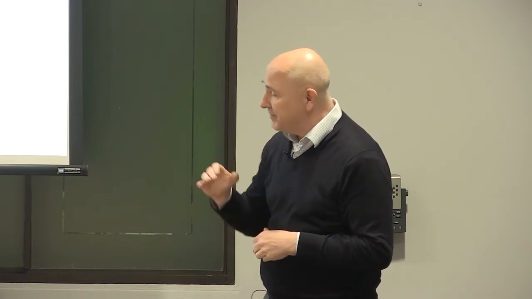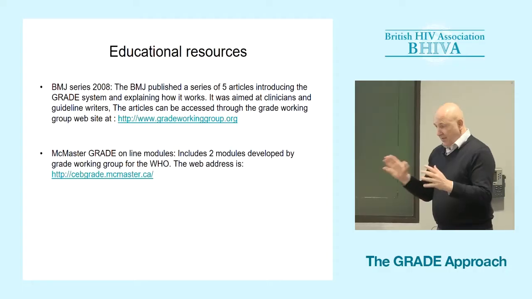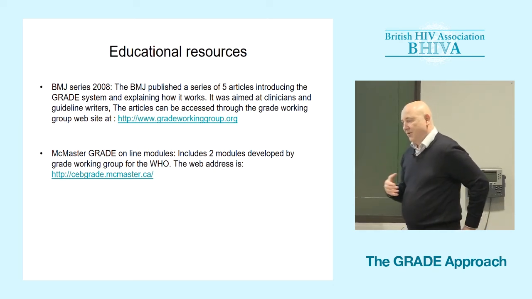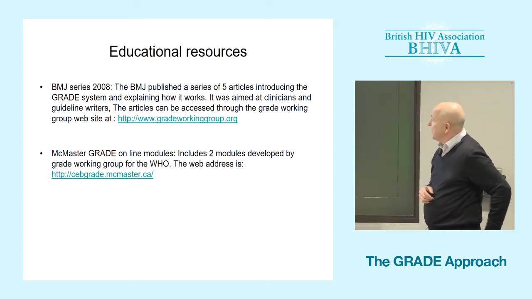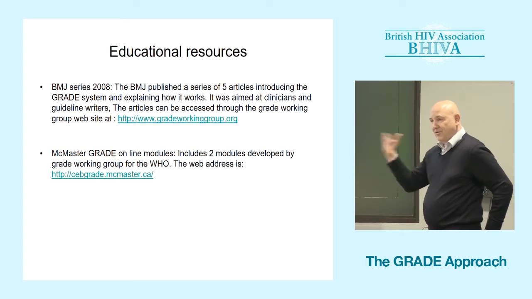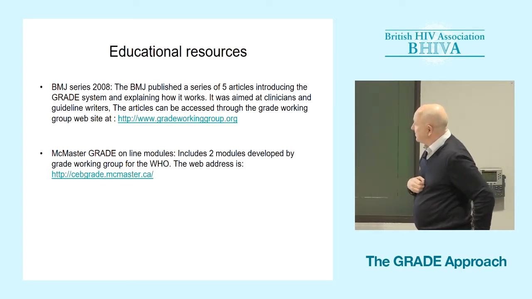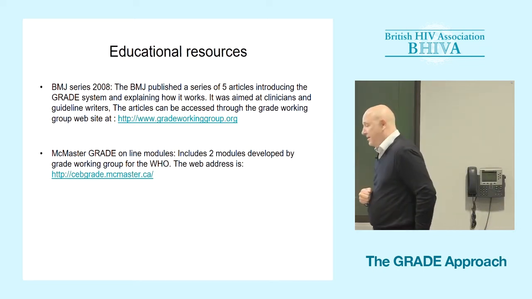So I'm going to finish there, but in terms of educational resources, the BMJ series in 2008 is a very good series. It's very readable and easy to go through, and I think it would have been emailed to people. It's available through the GRADE working group. If you're interested in doing further modules, McMaster University developed two modules for the WHO, a more detailed module and a more introductory module, available at that web address.